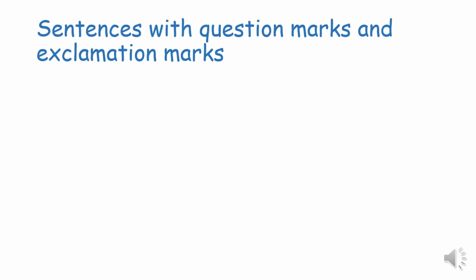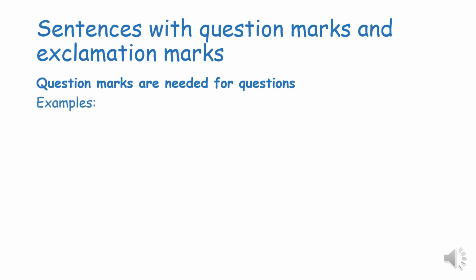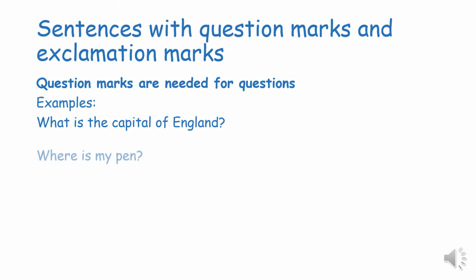Sentences with question marks and exclamation marks. So question marks are needed for questions. A couple of examples for you. So what is the capital of England? This is a question. And where is my pen? Is also a question.